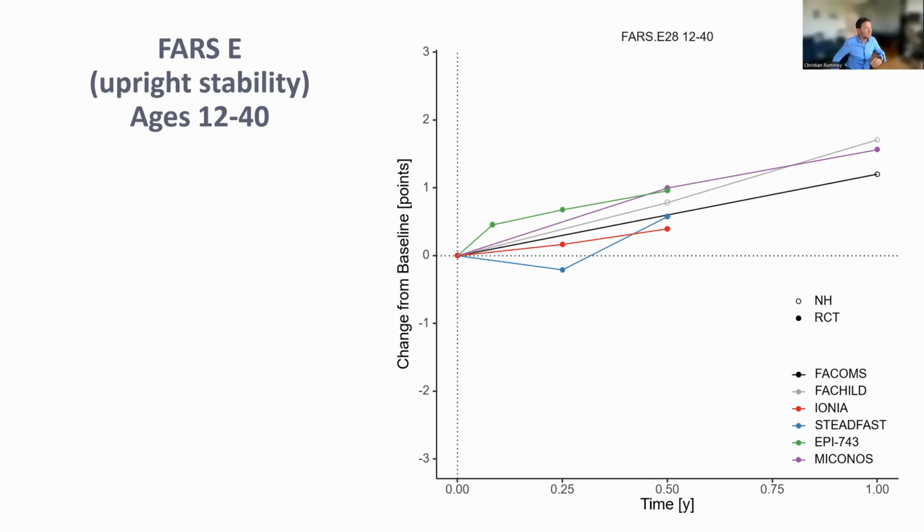but what we see also in the natural history, and that is similar to what also Biohaven has said about their natural history analysis, that most of the decline in the natural history study comes from the axial part. This is also a reason why some people prefer the FSARA.